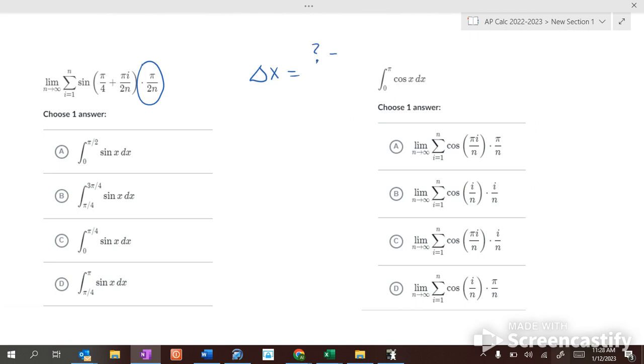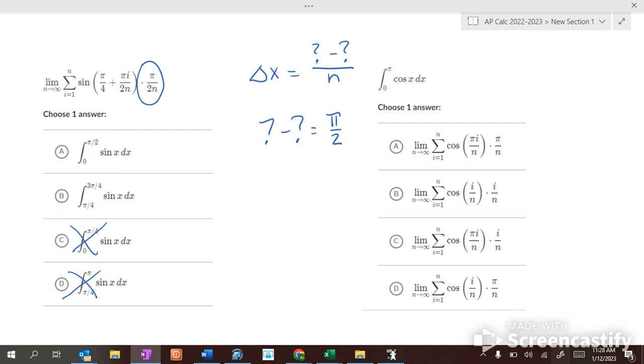So it equals something minus something over n. Well, something minus something is going to leave us with pi over 2. What leaves us with pi over 2? Well, pi over 2 minus 0 does, or 3 pi over 4 minus pi over 4 does. This does not, this does not. So it's either this one or this one.